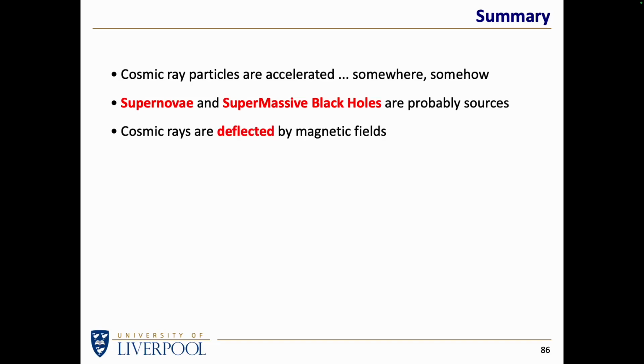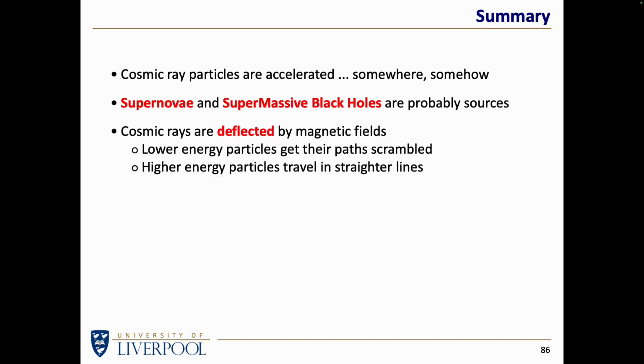Cosmic rays are charged particles, so they will be deflected by magnetic fields. We think the low energy ones will have their paths scrambled. We hope that the very highest energy ones will travel in close enough to a straight line that we can get some idea of where they're actually coming from.